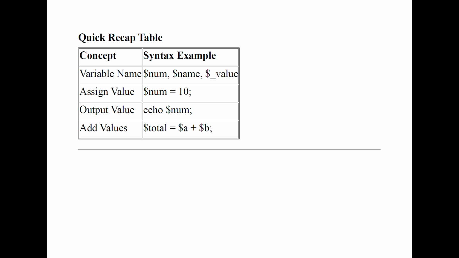We can display the variable values using the echo statement in PHP. To add two values, we use two different variables and the addition arithmetic operator. And that's it.